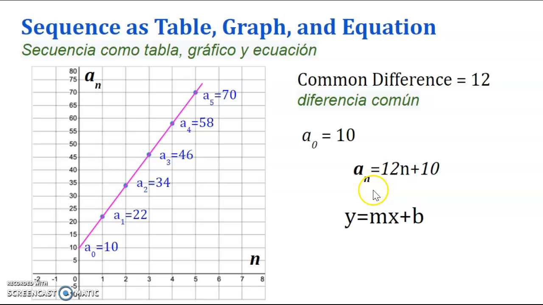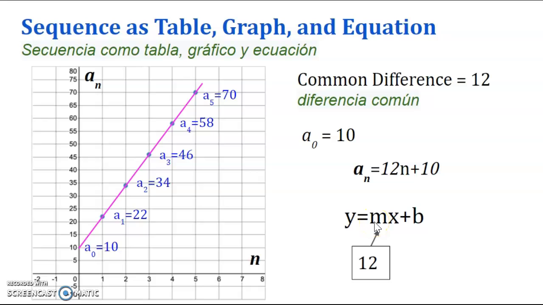It's exactly the same. We have the variable n that refers to a sub n, but in this case we have variable x. What does b represent in y equals mx plus b? It's the y-intercept, right? And this is also the y-intercept because that's when n is equal to 0.